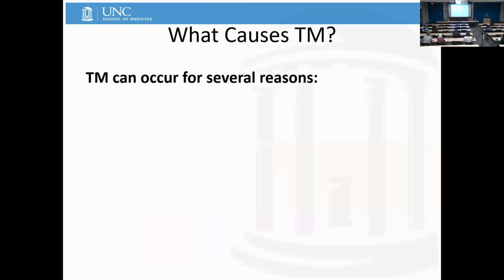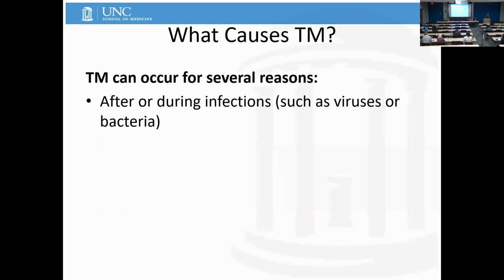So what causes transverse myelitis? It can occur for several reasons. It can either be, like I mentioned, triggered by an infection. So infection can cause the immune system to overreact, and then those antibodies that are created by the immune system can attack the spinal cord. It can happen either during the infection itself, or once somebody has recovered from the infection, those antibodies are really overactive, and we call that post-infectious transverse myelitis.